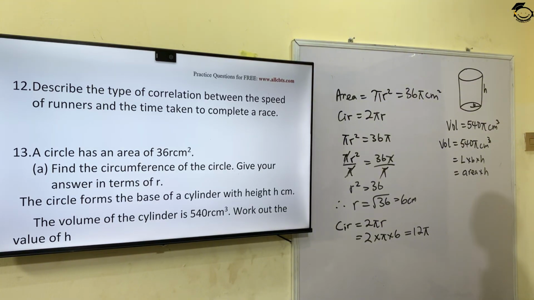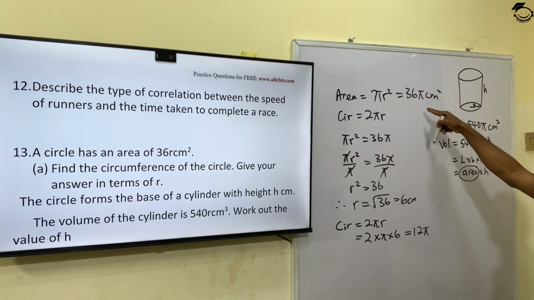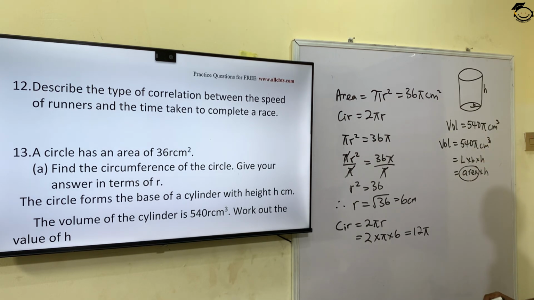Okay, now we know that the area of our circle is 36 pi. So this becomes 36 pi times h equals 540 pi.